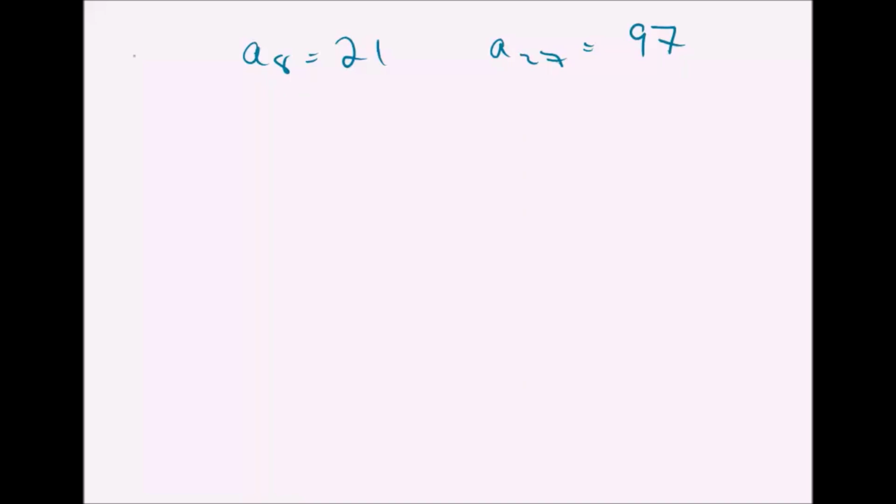But what we're going to do is take these and plug them back into that formula we know from before, and then we're going to solve the system of equations. So the formula is, to remind you, a sub n equals a1 plus n minus 1 times d. And we're going to do this for both of them.